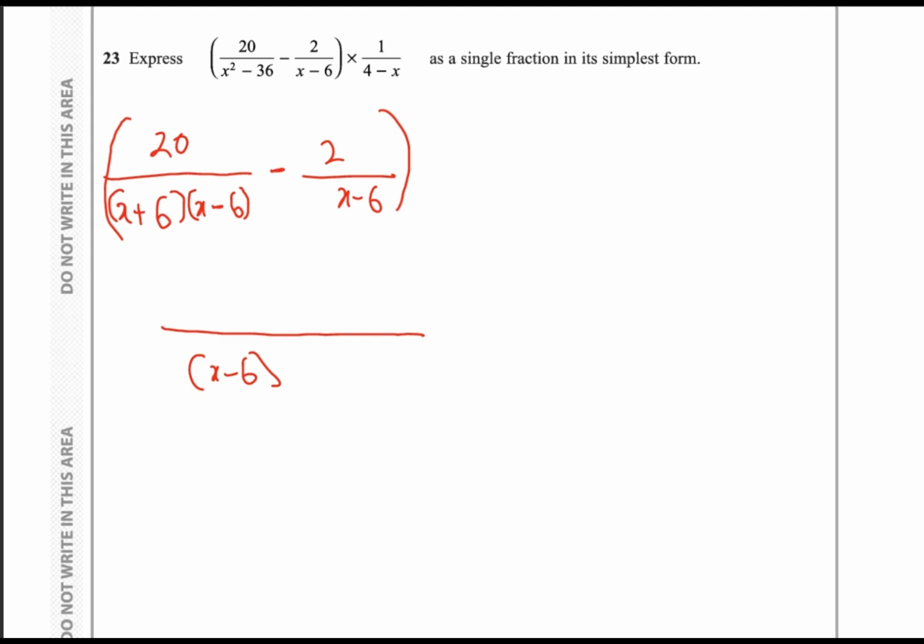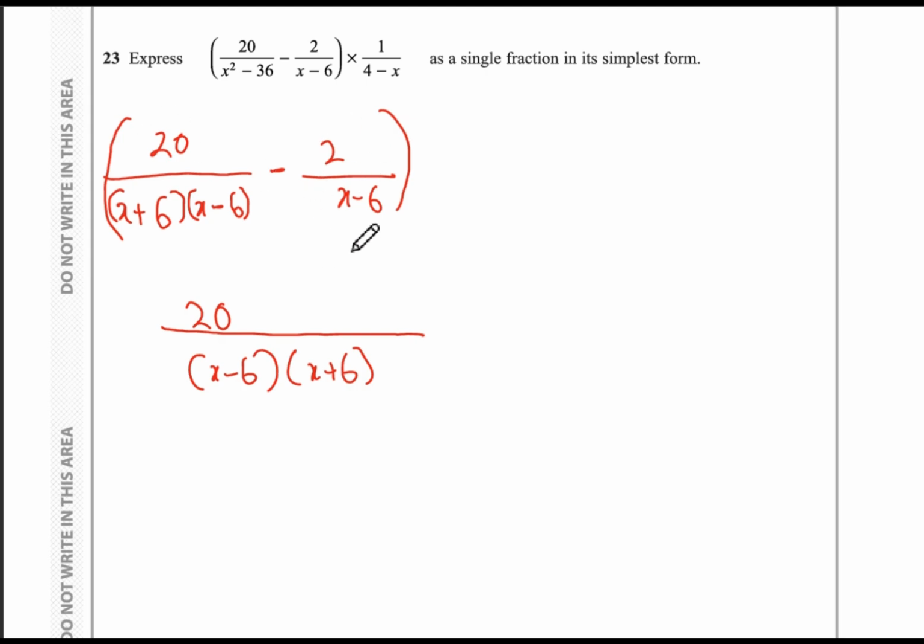So we have x minus 6 and x plus 6, and then I would be cross multiplying. So 20, I have both of them as the common denominator, so the ones in the common denominator I already have in this part, so I don't have to multiply 20 by anything.